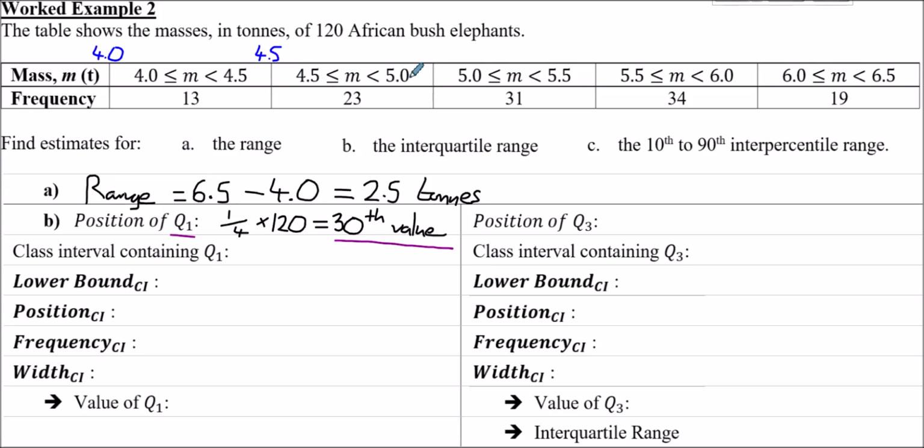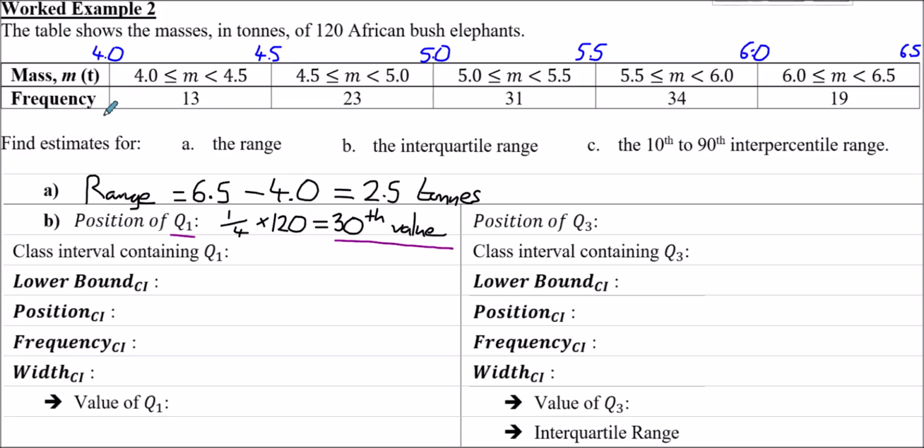The next one, this limit here is 5.0. You could say just 5, I suppose. This one's 5.5. Up here is 6.0. And the absolute upper is 6.5.